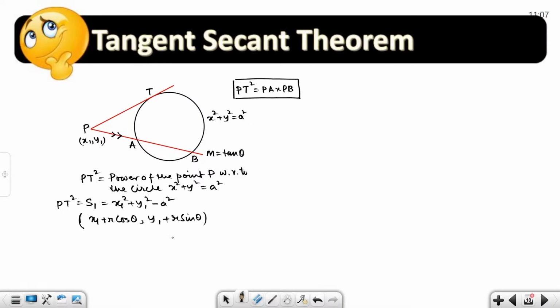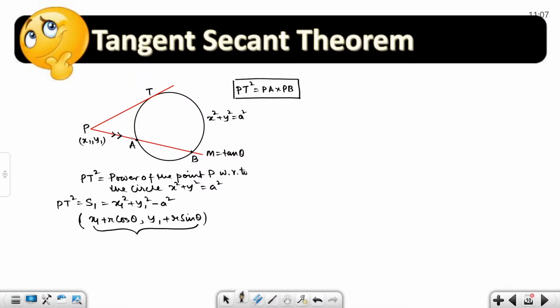Am I correct? This is any point on this straight line or the secant PAB, because this is the parametric equation of a straight line. Now let us assume that this point be either A or B. So the point is lying very much on the circle. Hence, it must satisfy the equation of the circle. Yes or no?